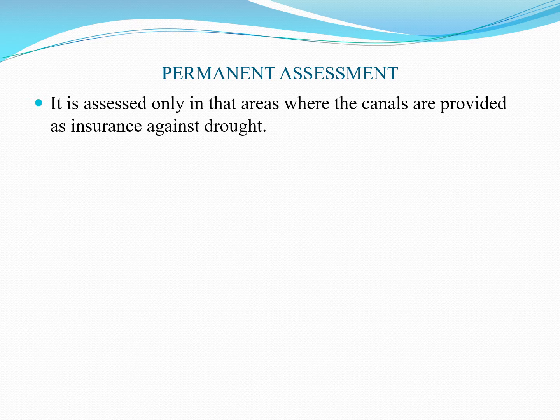The next method is permanent assessment. This is also called betterment levy assessment. In this type of assessment, the farmers are levied at a fixed rate every year, irrespective of whether they used canal water or not.